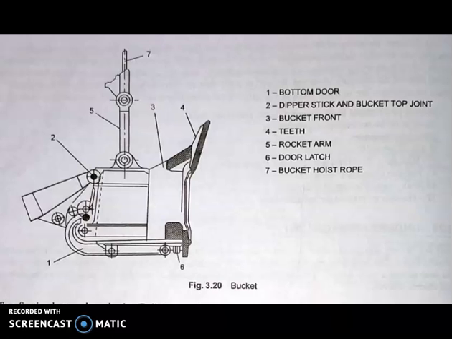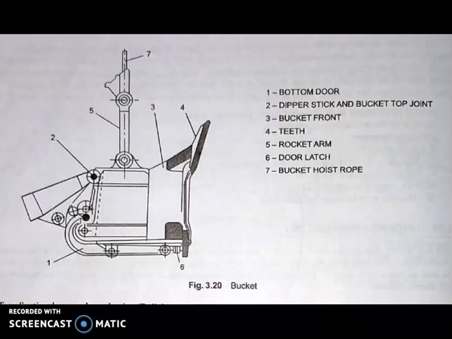The main parts of the bottom discharge bucket are the bottom door, dipper stick and bucket top joint, then bucket front, teeth, rocker arm, door latch, and bucket waist roll. The picture shown is the bottom discharge bucket.